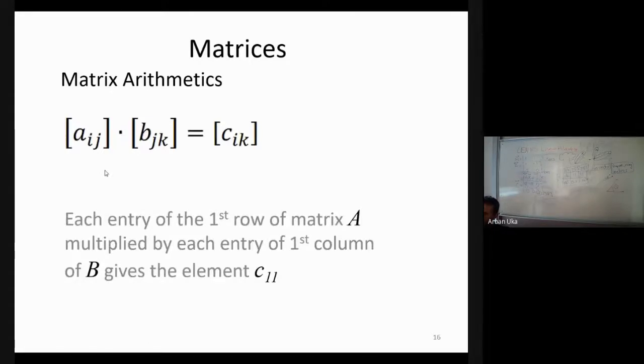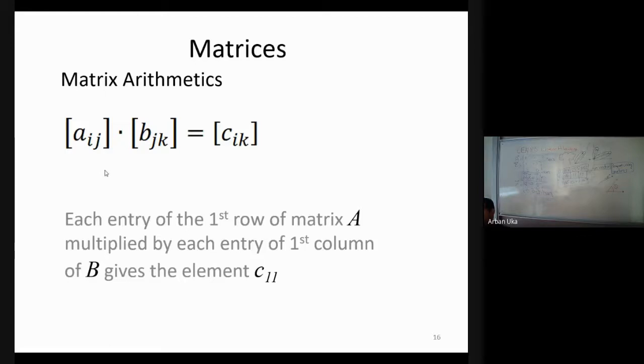And now, when we do the arithmetic, imagine for a moment that we need to find C_IK, okay? You can see that A_IJ, we multiply it with B_JK. Now, we're going to do an example on the board, but I want you to remember that anytime you have the same index appearing twice, that means that you are going to add over that element, okay?